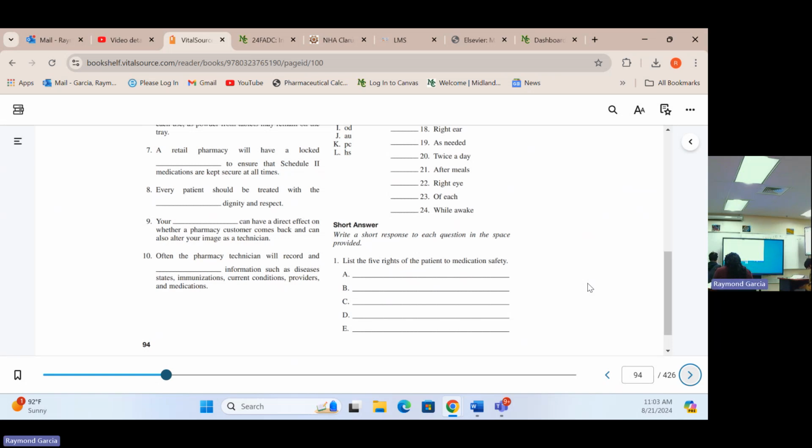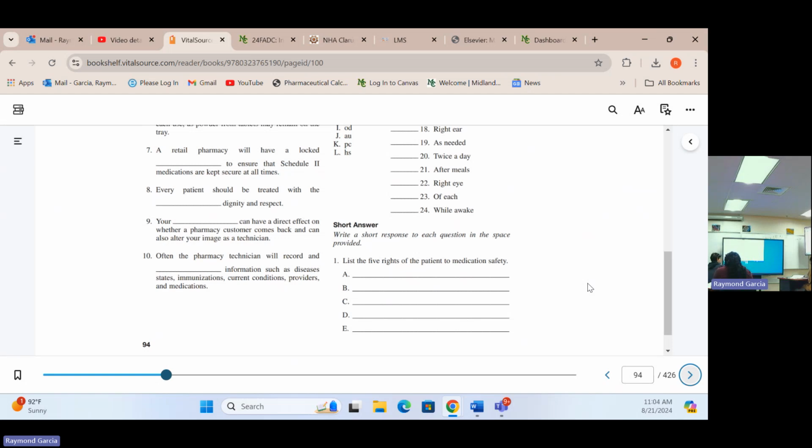Right patient. So that's A, right patient. The patient's identity must be verified against the prescription order to be sure that the correct patient receives the medication. So we have to get the date of birth, maybe the phone number or an address to make sure we have the right person. Right medicine.